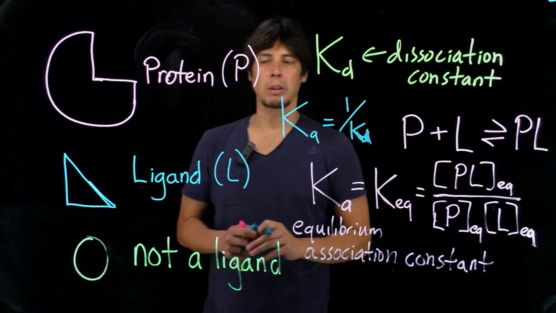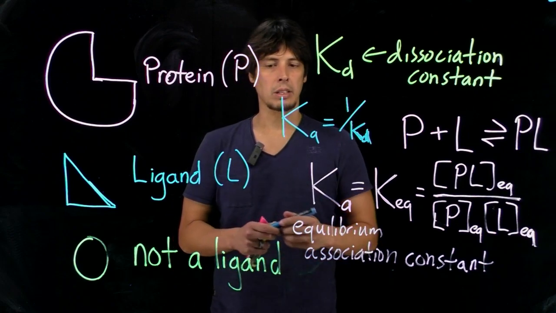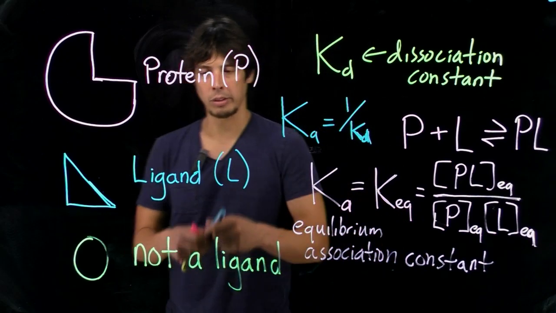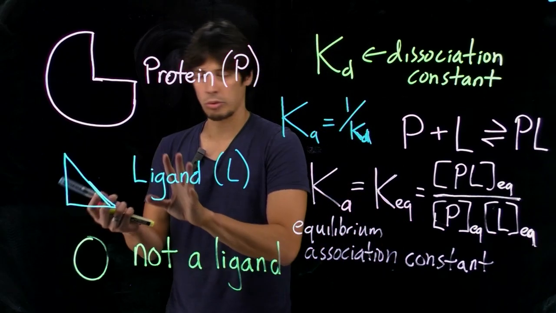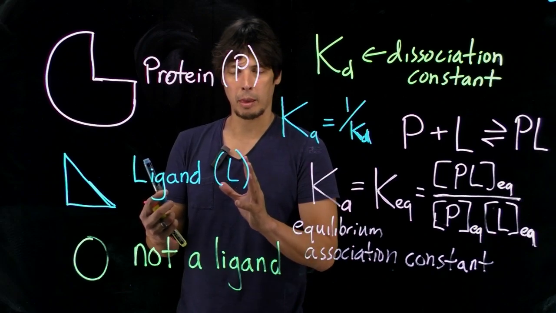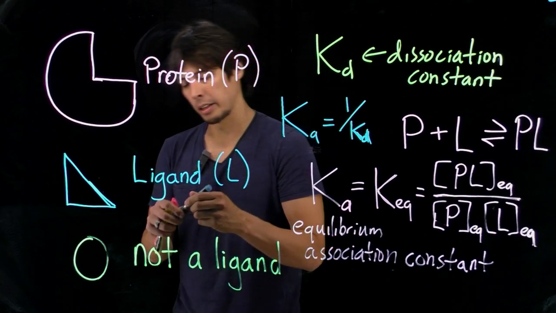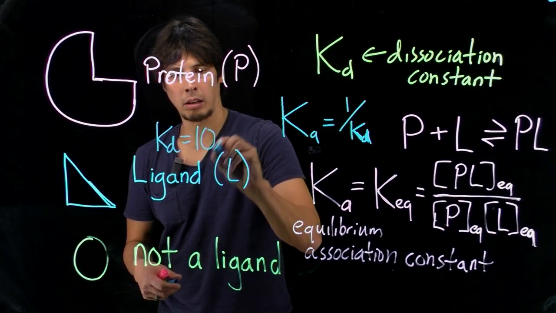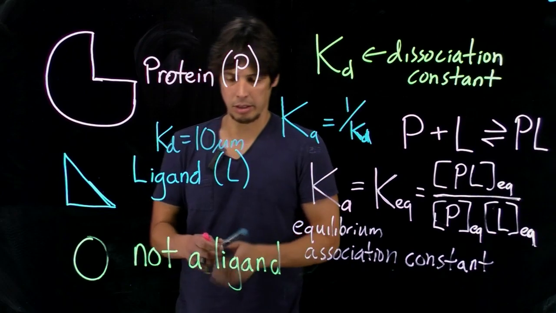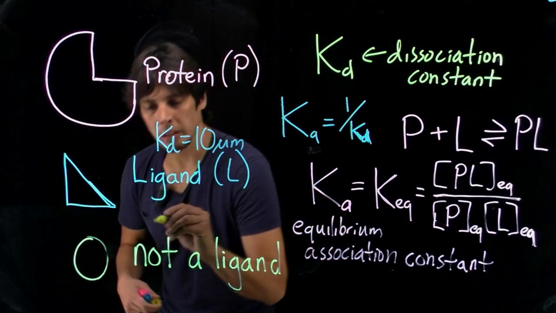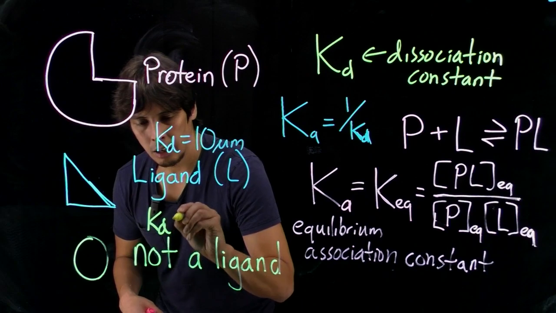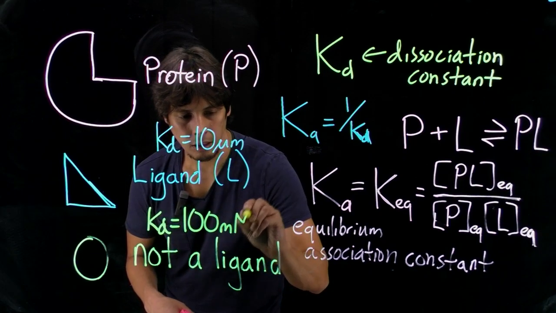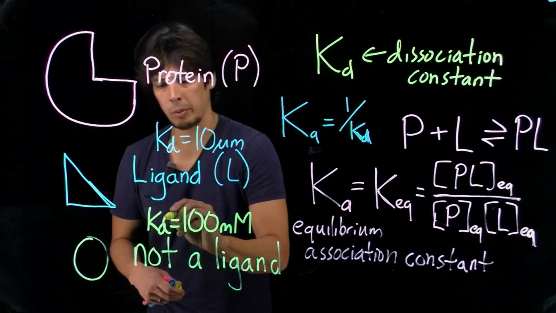And from that we can determine, for instance, if something has a Kd that is relatively low, like for instance, if for this triangle possible ligand, we have a Kd that's equal to 10 micromolar versus this compound called not a ligand has a Kd of 100 millimolar, then we can compare the two.